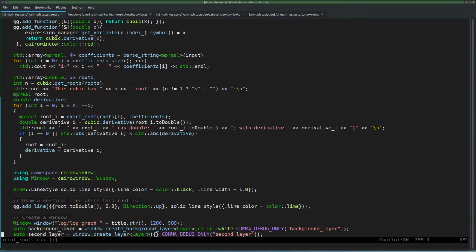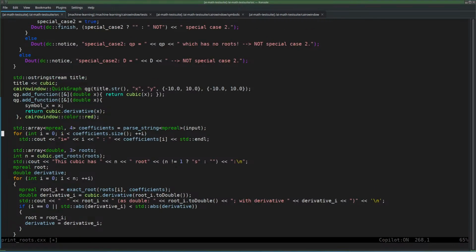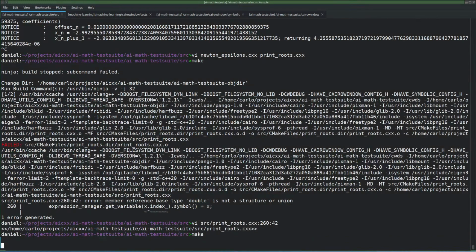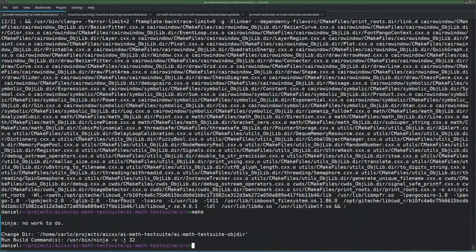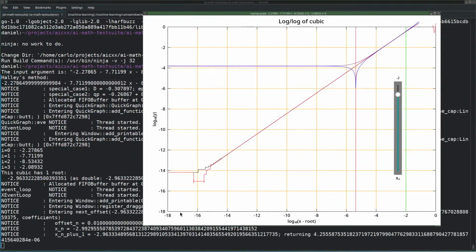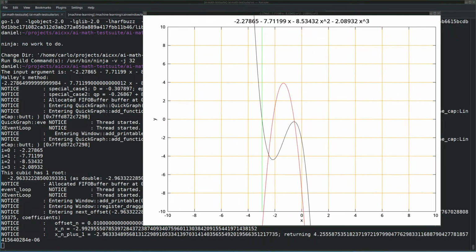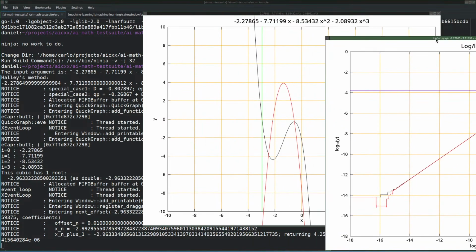Can't find it back. Oh, here. It compiled, and we have a red derivative now, so I would say it works.